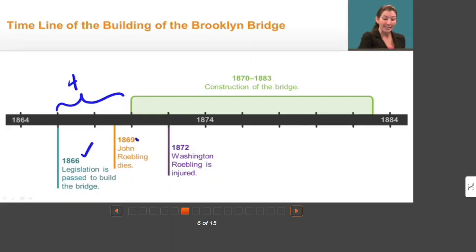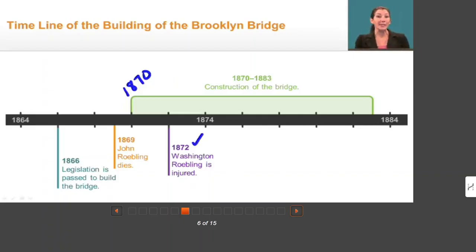Sadly, in 1869, he passed away. However, his son, Washington Roebling, stepped in and took over the process of building the bridge. So the bridge building actually began right here in 1870. Now, 2 years after that, Washington Roebling is seriously injured while working on the bridge to the point that he can no longer build the bridge.